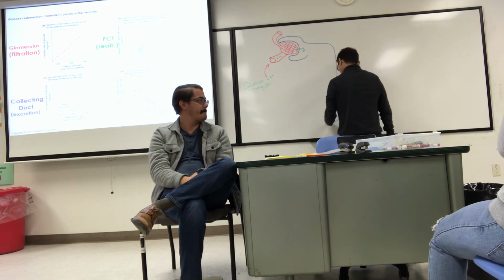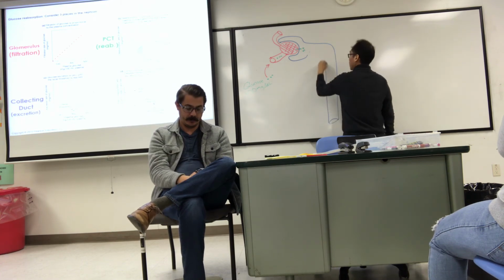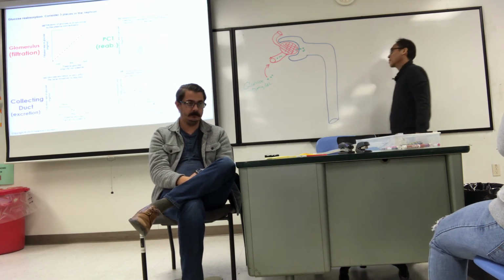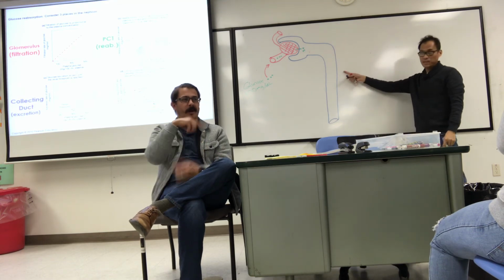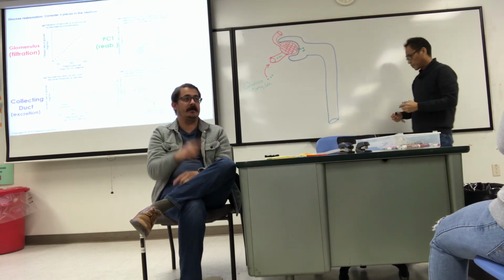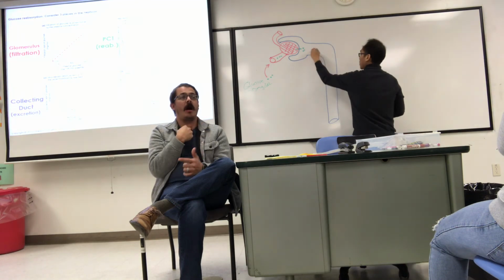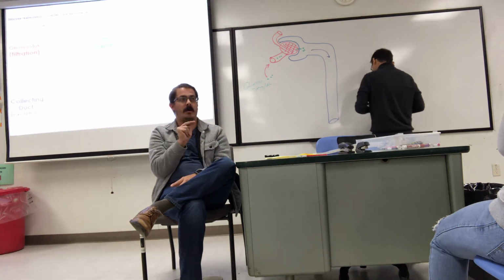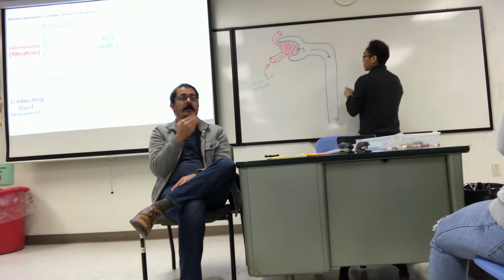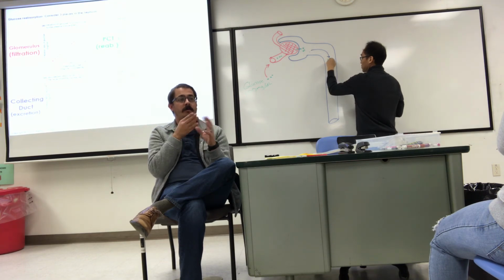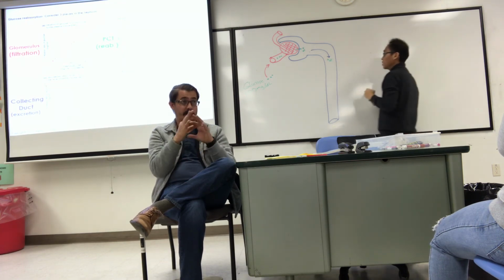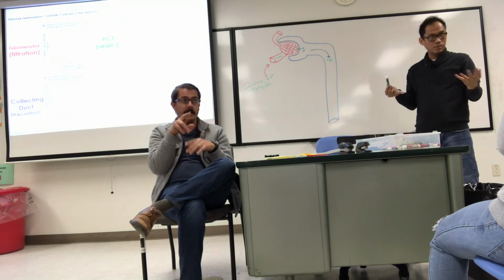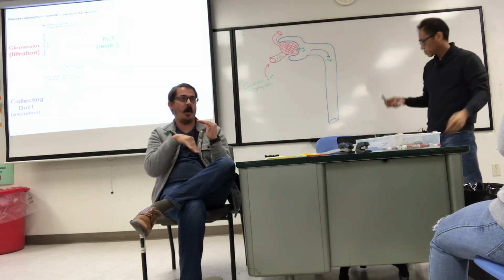I'm going to draw the whole nephron as a single tube like that. Let's pretend we're talking about the PCT. So when it's filtered and caught by the nephron, those molecules of glucose will pass by PCT cells in the tube, and they'll all be reabsorbed because you're well below threshold.